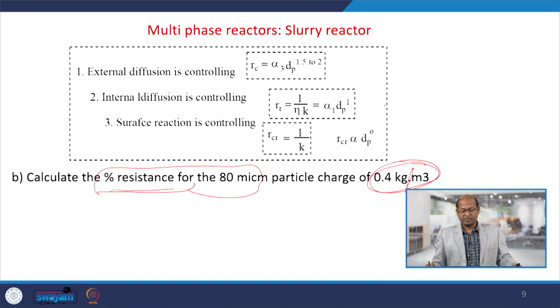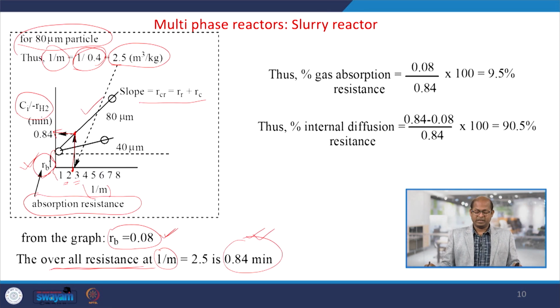So, only internal diffusional resistance and gas absorption resistance are there. The gas absorption resistance we get from the graph equals 0.08, and the total resistance evaluated from this point was 0.84.